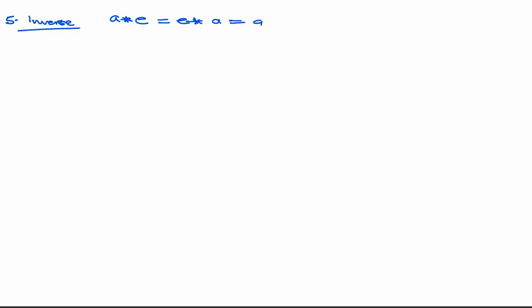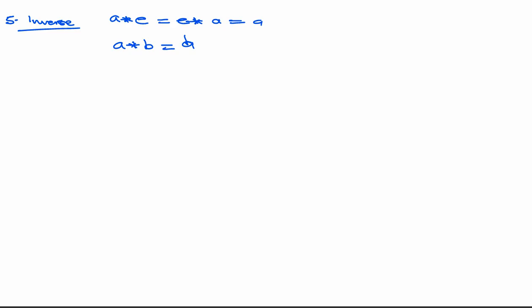Okay, so now in this case, let me write an identity element to be B. In this case, we can use any letter. Lettering also doesn't matter. So what we are going to do, we are going to say A star B is equal to A in this case. Okay, that means to say B, what do I actually mean? Okay, I actually mean to say this is same as now.